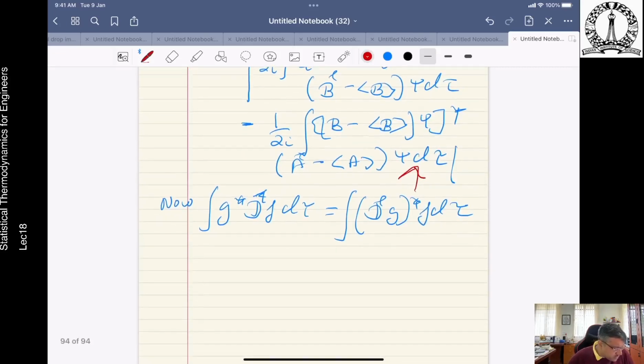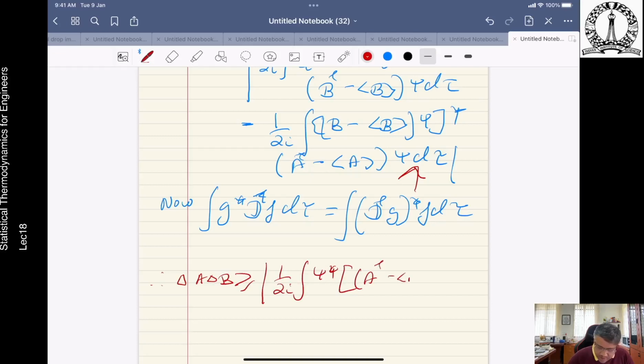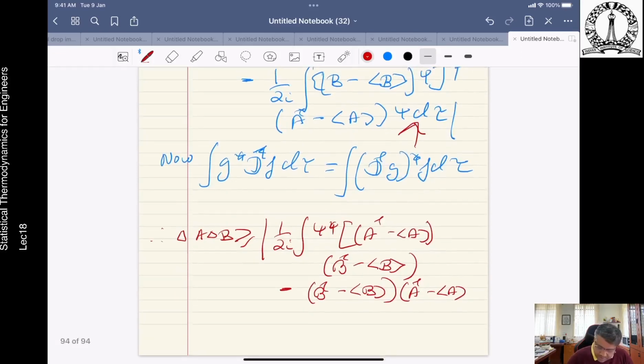Now, if we move it further, delta A into delta B must be greater than or equal to 1, A bar into B bar minus the total, I theta. Okay.